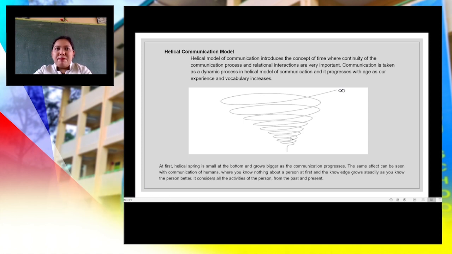The same effect can be seen in human communication, in which you know nothing about a person at first, and knowledge grows steadily as you know the person better. It considers all the activities of the person from the past and the present.